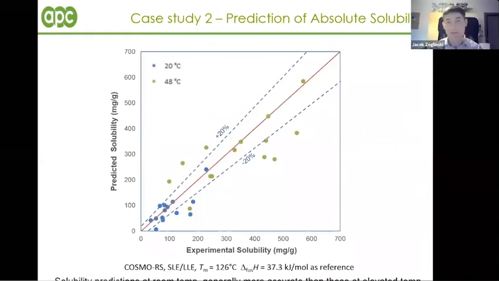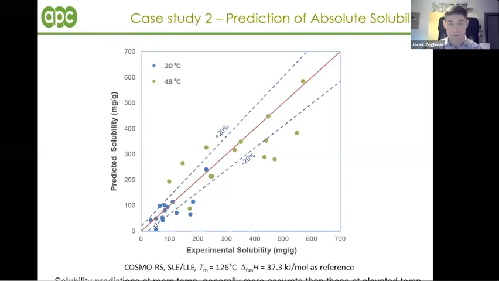In addition to the relative solubilities, we can also do absolute solubility predictions, and I would like to show another case study where we compared experimental versus predicted solubility at two different temperatures of 20 and 48. And as you can see, for some of the systems, the solubility is predicted very well.